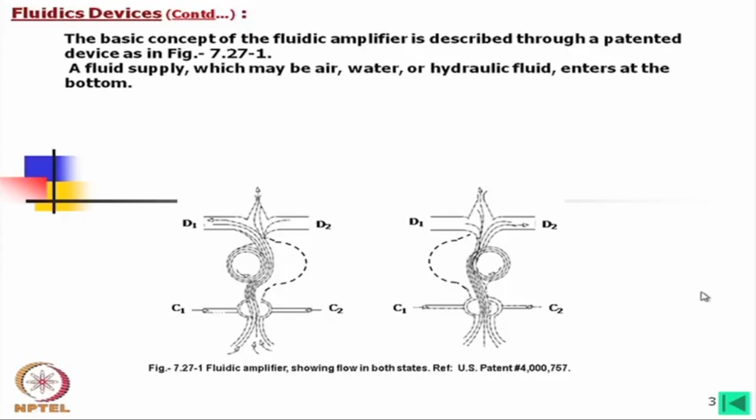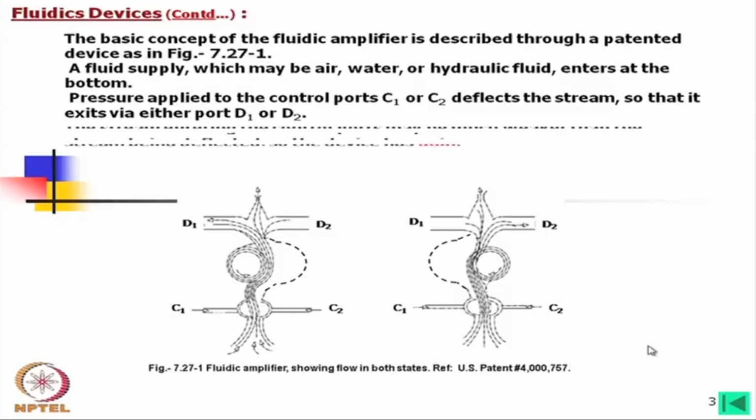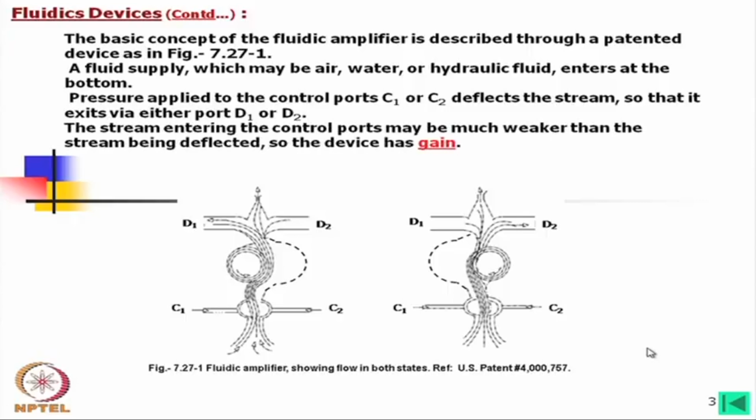The fluid supply may be air, water or hydraulic fluid. I have described that it enters at the bottom, and then pressure is applied through control ports C1 and C2 to have the flow in D1 and D2 directions. The stream entering the control ports may be much weaker than the stream being deflected.